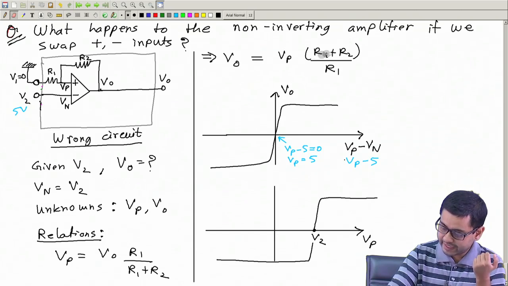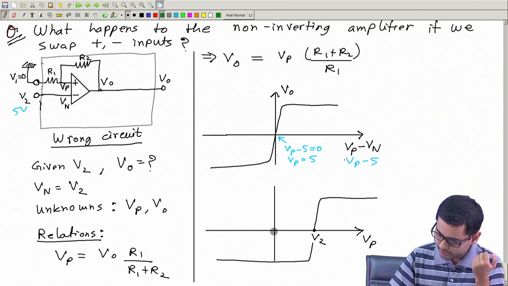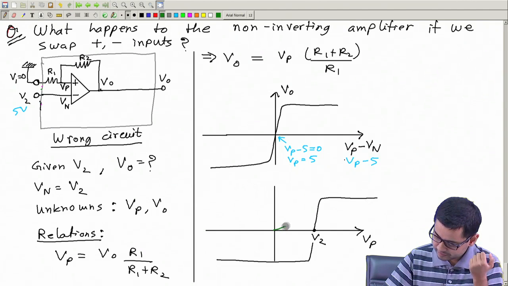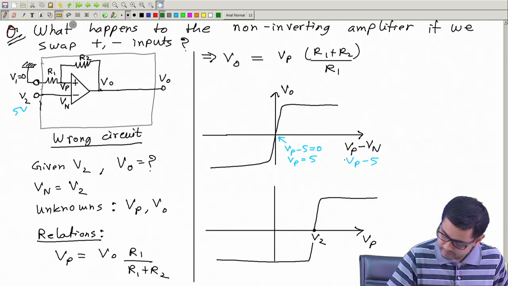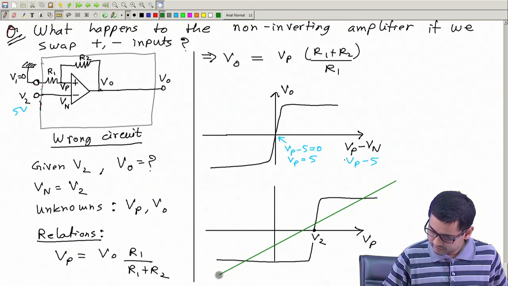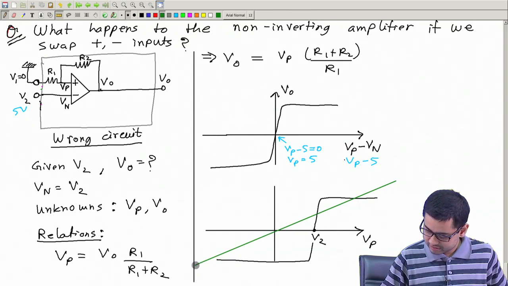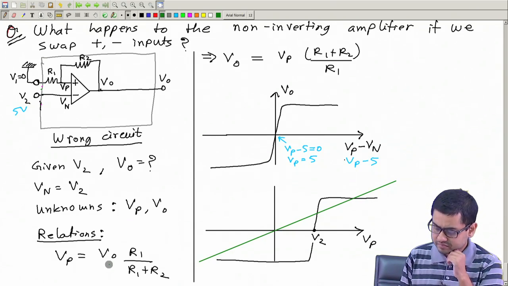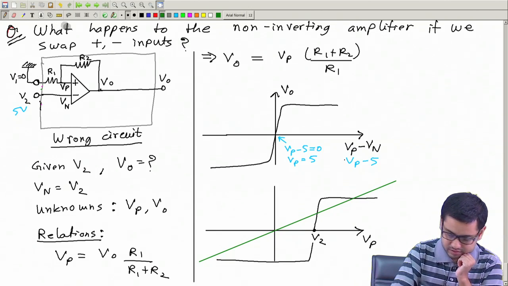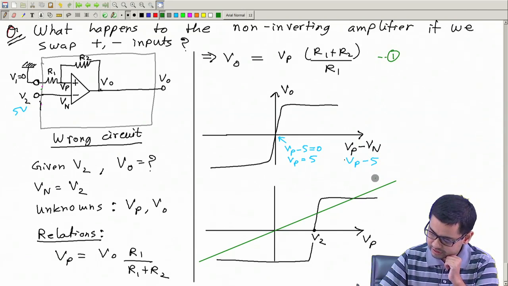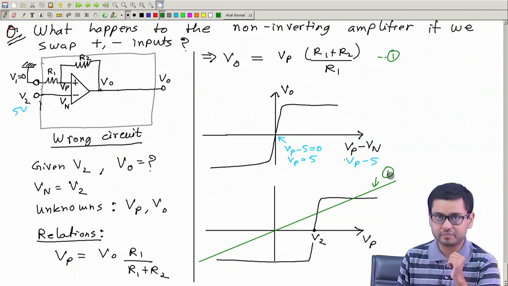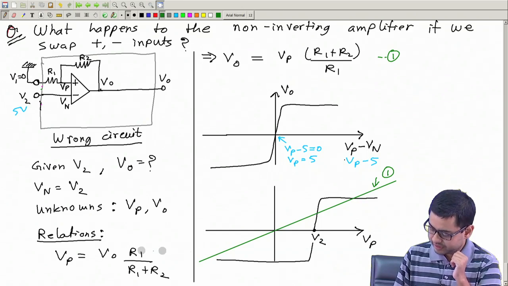So it will be a straight line passing through the origin with positive slope, like this. Call it relation 1. So this is from relationship 1. Okay, great. So far so good.